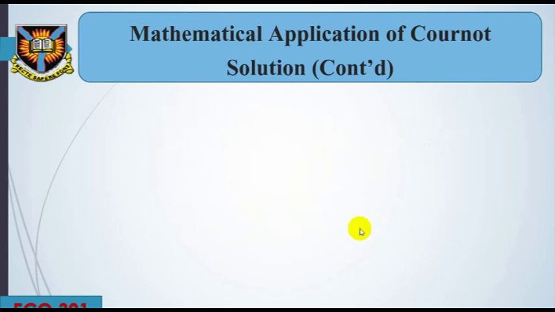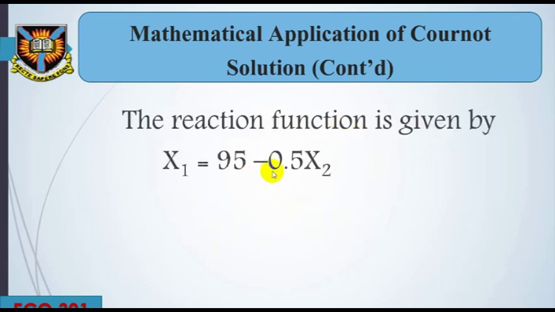The reaction function is given by x1 is equal to 95 minus 0.5x2, x2 is equal to 50 minus 0.25x1.